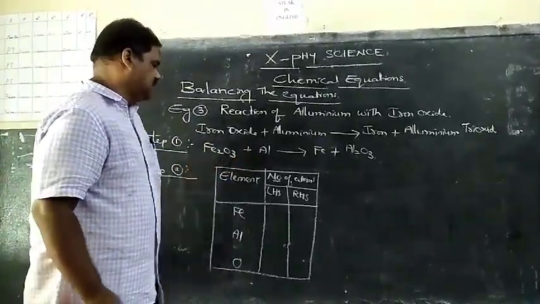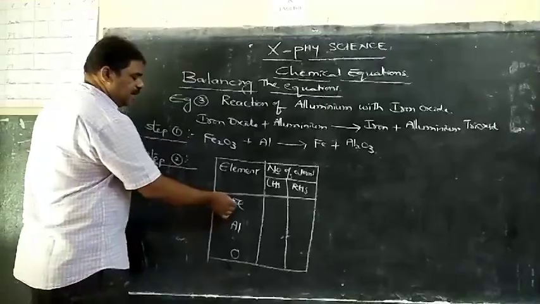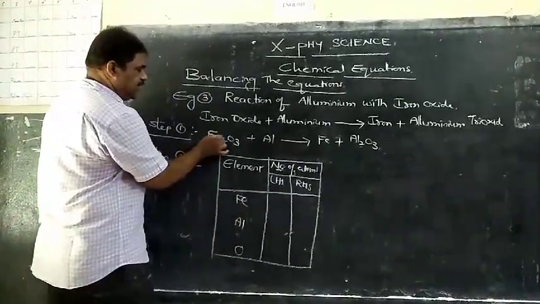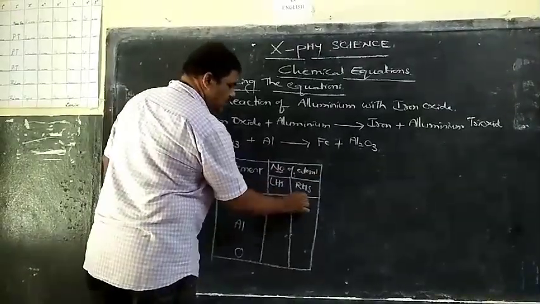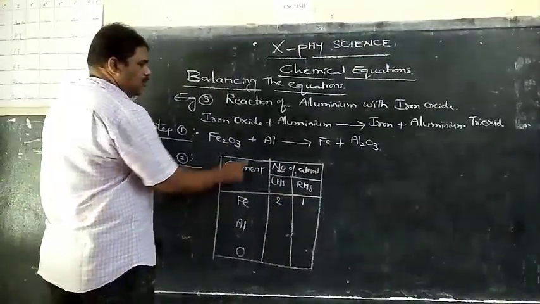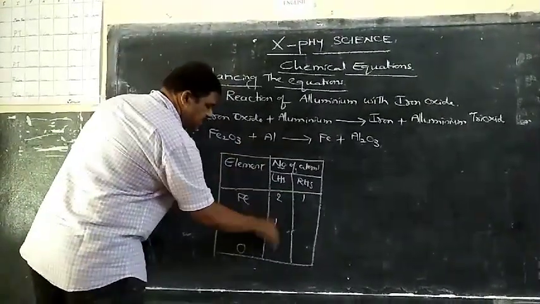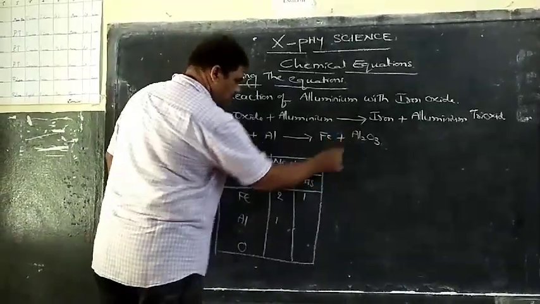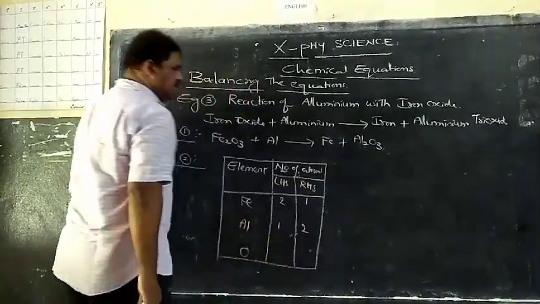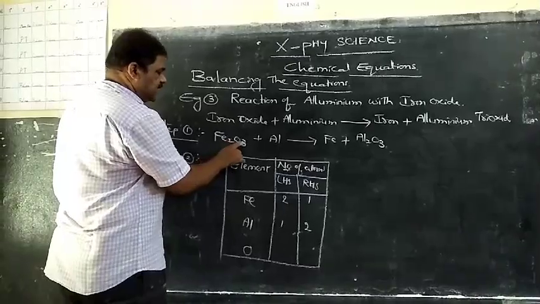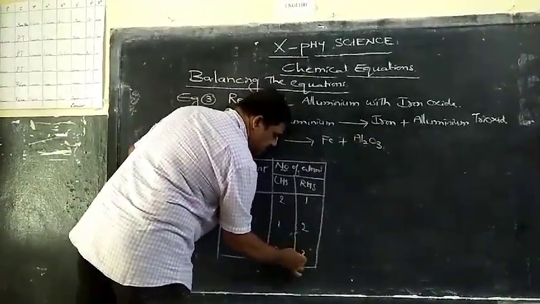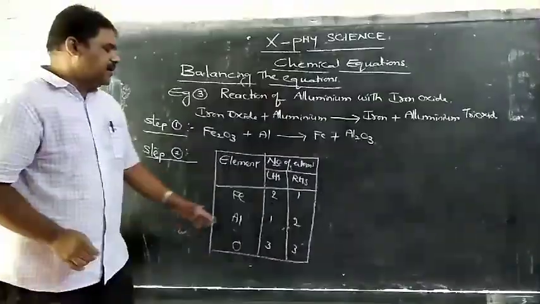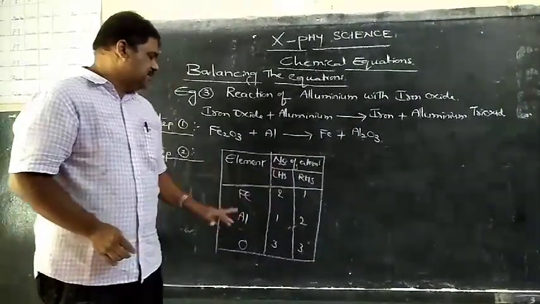Let us see how many iron atoms are on the left side. Fe2, there are two atoms. On the right side there is only 1 atom. Aluminium, on the left side only 1 atom. On the right side, Al2O3, 2 aluminium atoms. Oxygen, on the left side 3 oxygen atoms, and on the right side also 3 oxygen atoms.